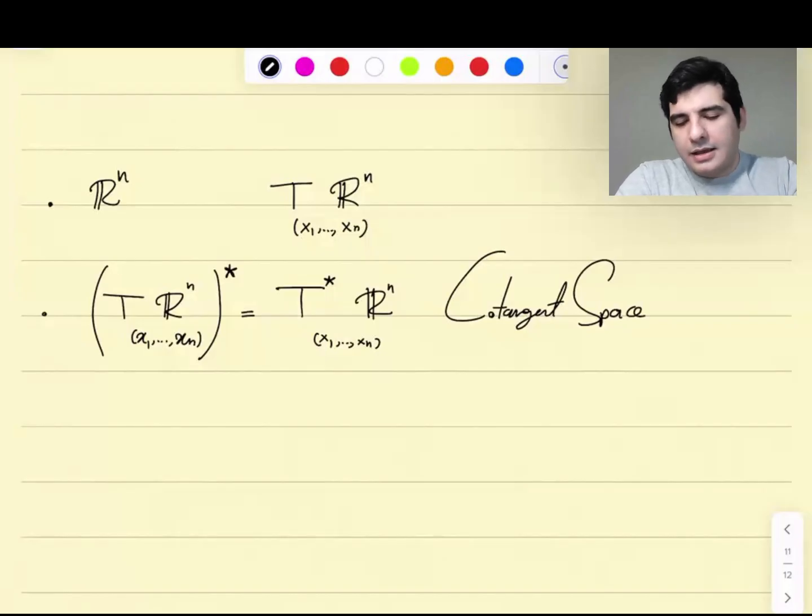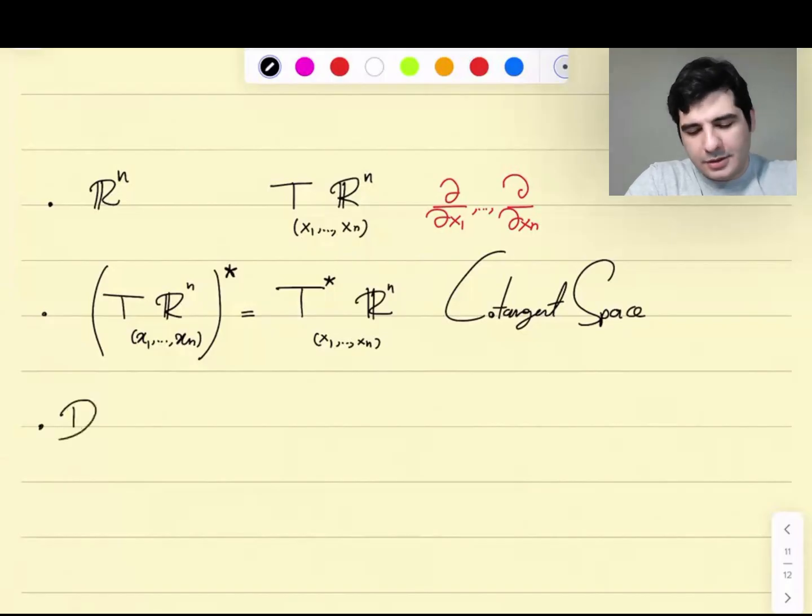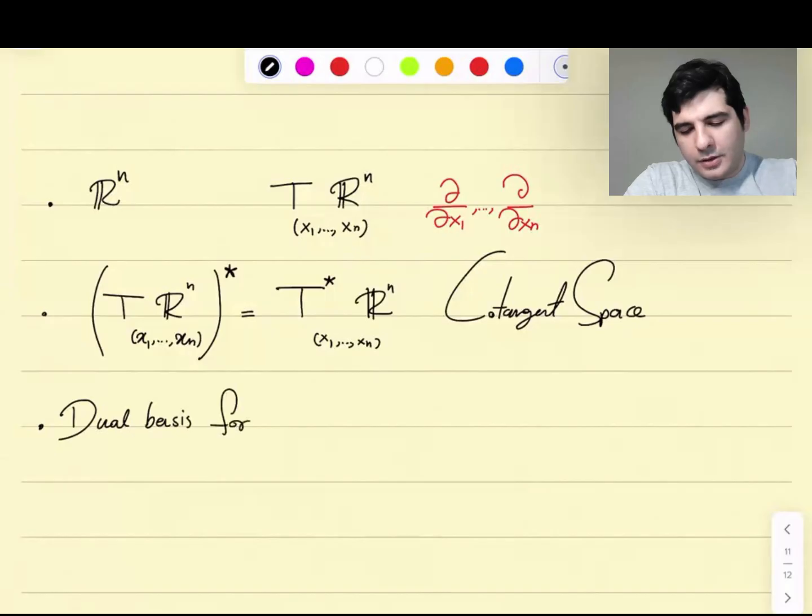Now, the tangent space of Rn at the given point, as we mentioned, has a basis: partial x1 up to partial xn. So the dual basis for the cotangent space is denoted by dx1 up to dxn.